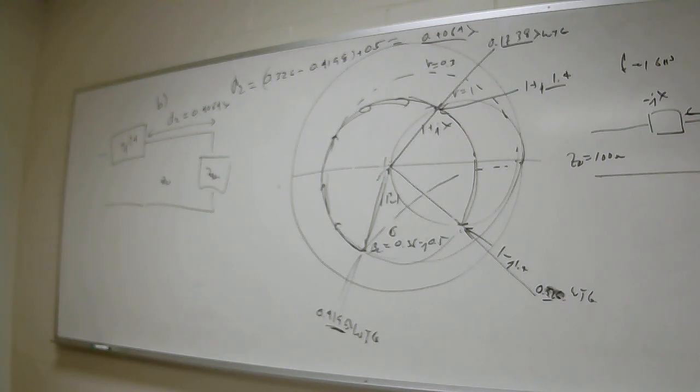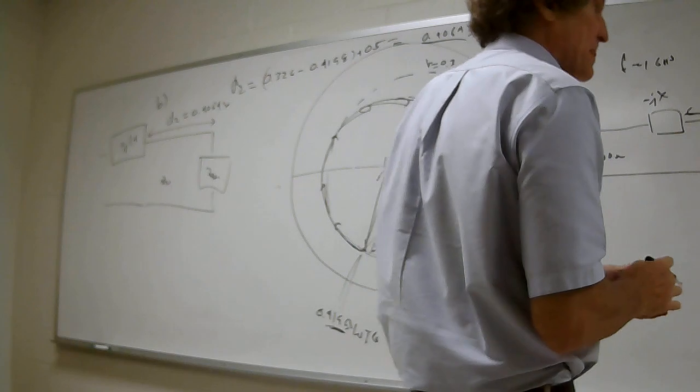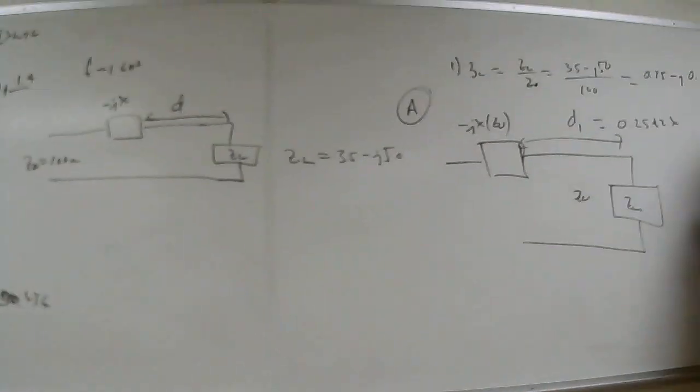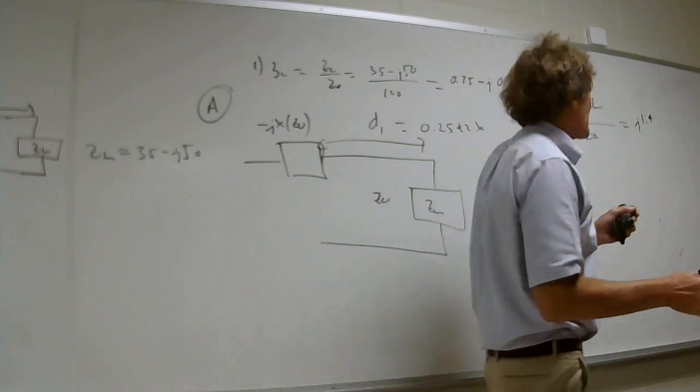What element has a plus J value? Inductor. An inductor, right? So the impedance of an inductor is J omega L, right? Now, if we normalize it, we could set it equal to that. So to normalize this, I would divide that by Z naught. I'm just showing you the different ways to do this. So that would be the normalized impedance of the inductor. Do y'all agree with this, class? Now I have to set it equal to J 1.4. You can see the J's cancel, correct? And now what do you get?